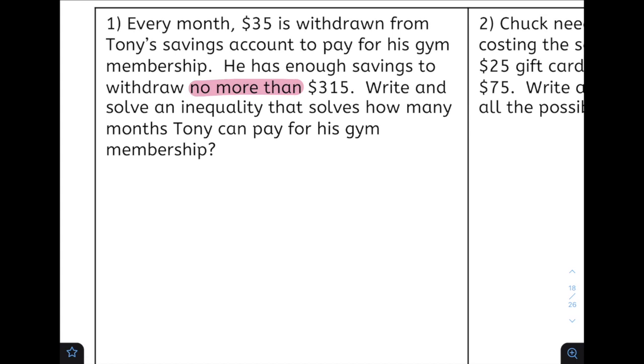We have our variable that we're trying to solve for. You didn't even need a let statement. M equals number of months. We know that it's going to be no more than $315. So $315 you can look at as the maximum amount, and it could be equal to the $315. $35 is withdrawn from Tony's savings account to pay for his gym membership.